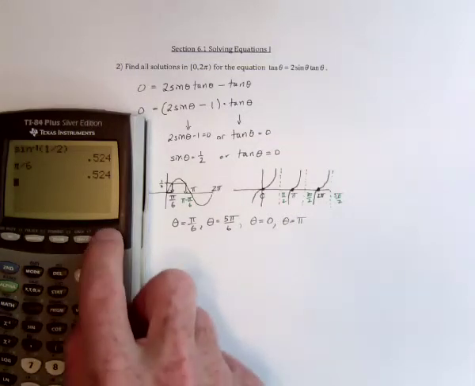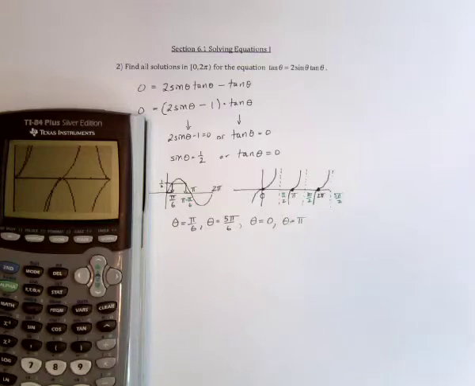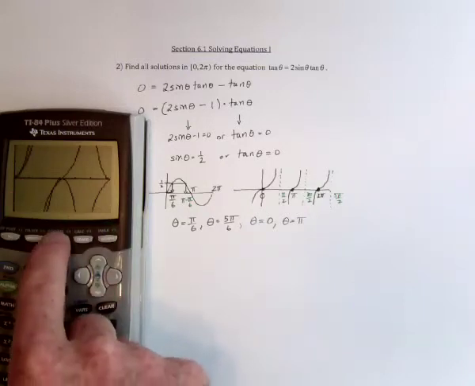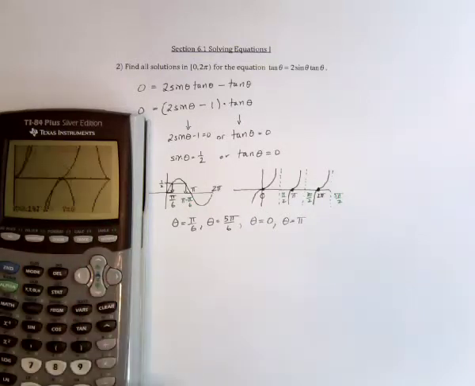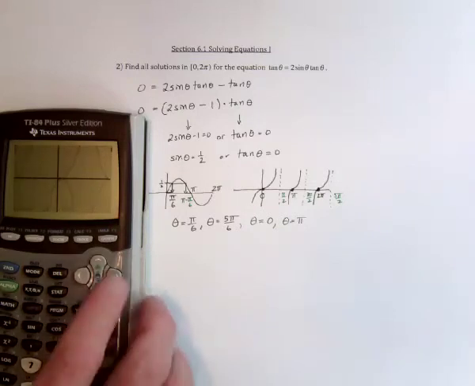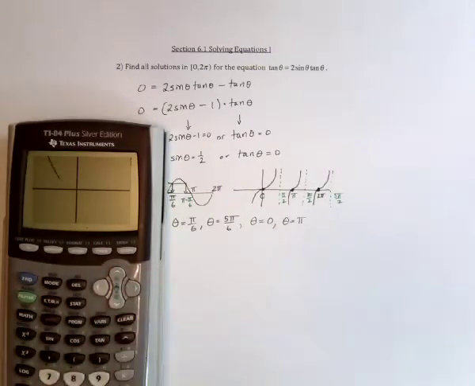All right, now take a look at the graph. If we zoom in into the origin, you'll see that the two are crossing at 0, and the next should be pi over 6.